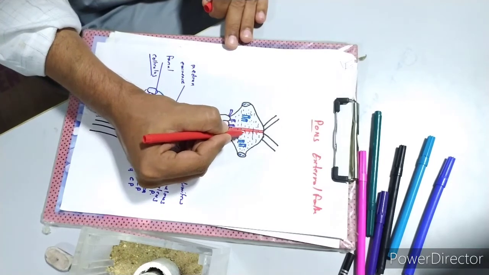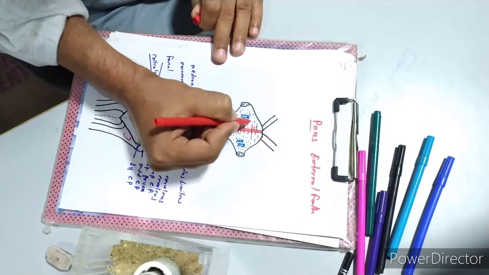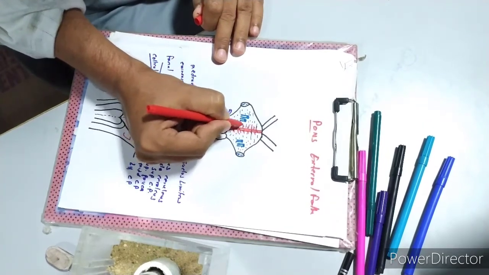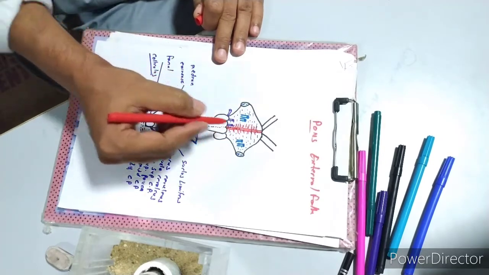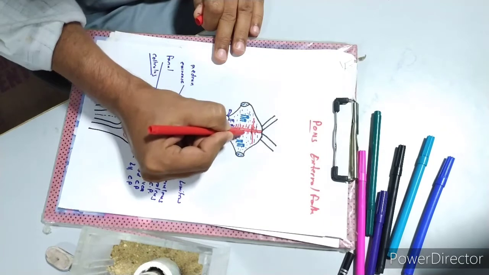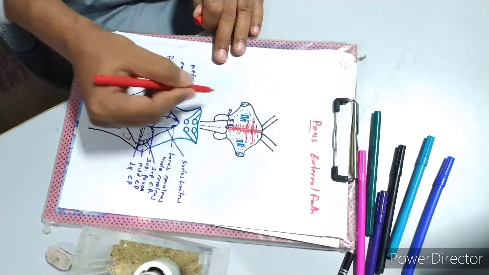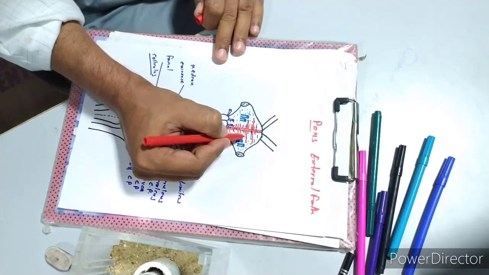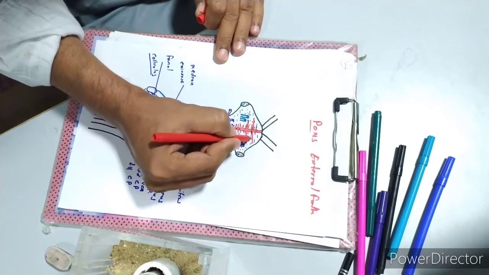These paramedian branches supply the pons around the midline. Along with them, there are the short circumferential branches, which come from the basilar artery and supply the anterolateral part.